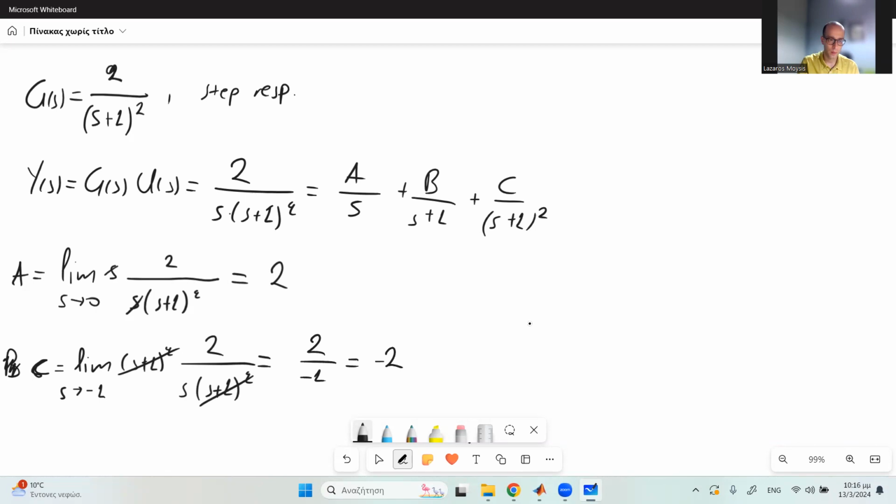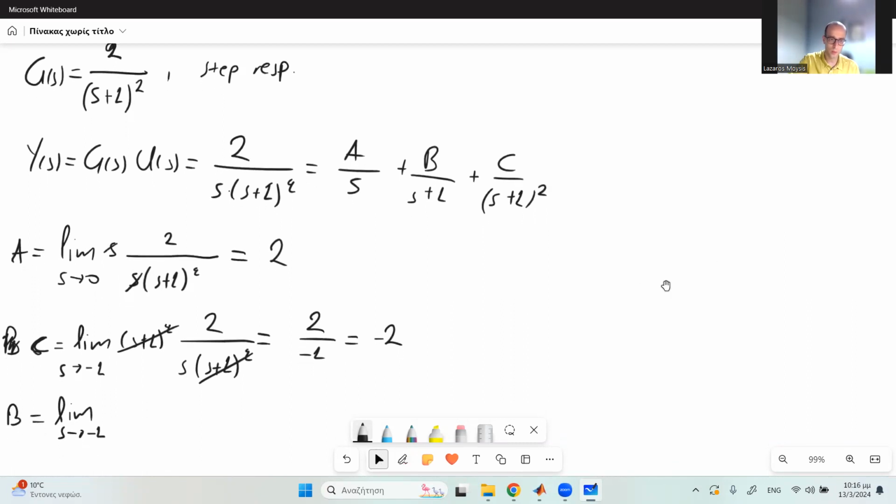So we have 2 over minus 1, so we have minus 2, right? And then b becomes the limit as s goes to minus 1 of the derivative of this term right here. So we have the derivative of 2 over s.